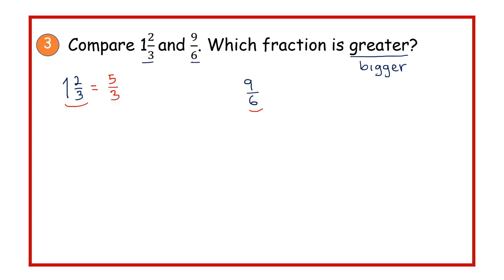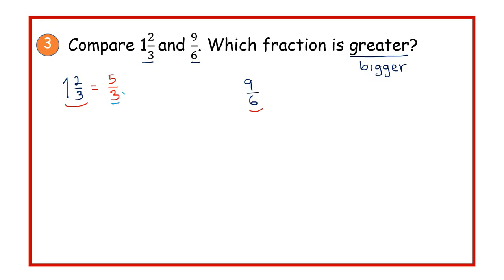Let us make sure that the denominators of these two fractions are the same. Since we have the denominator in 5 out of 3 as 3 and the denominator in 9 out of 6 as 6, let us make sure that both denominators are the same.